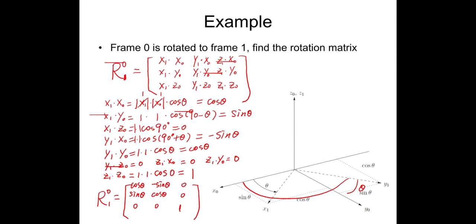Okay, so then let's take a look at this example. What is the action of this rotation from frame 0 to frame 1? If we take a look at frame 0, here I have my z0, and here I have my x0, and here I have my y0.